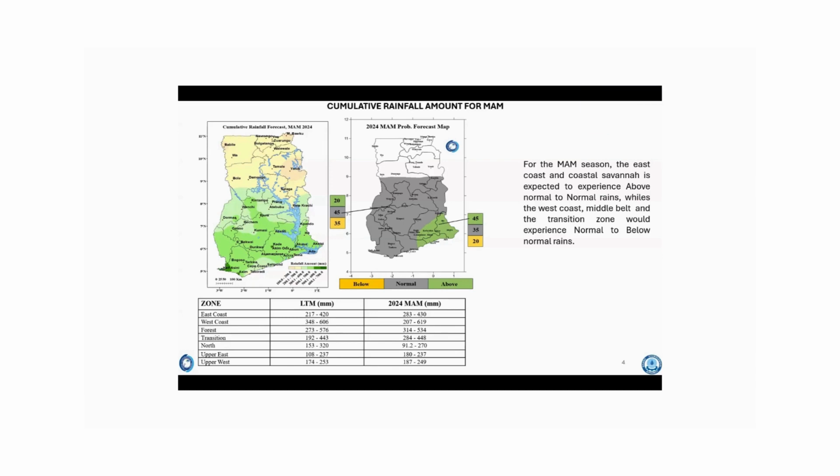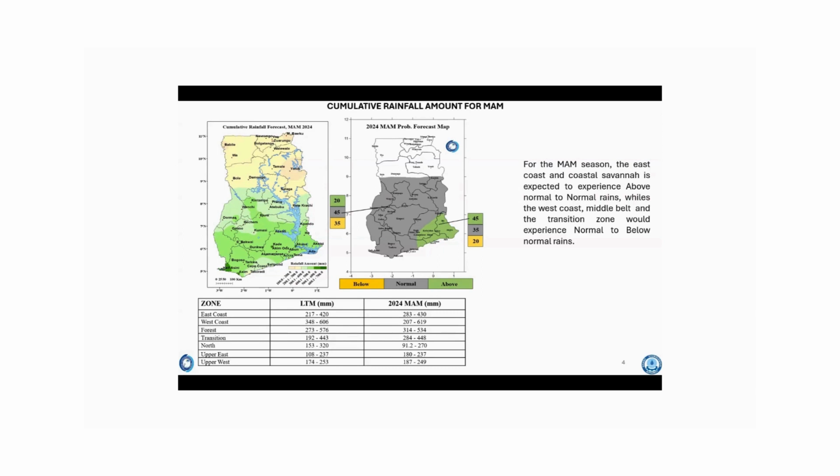One of the ways we can use to mitigate this kind of situation is what we are doing, the early warning. The early warning will indicate that there is a possibility of fall armyworm outbreak within this period because of longer dry spells, which will not allow the rains to come, so the pest can flourish.